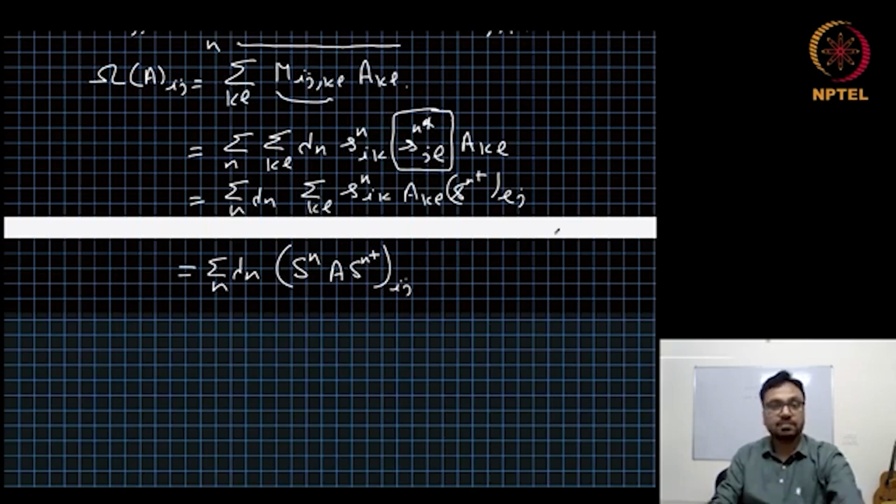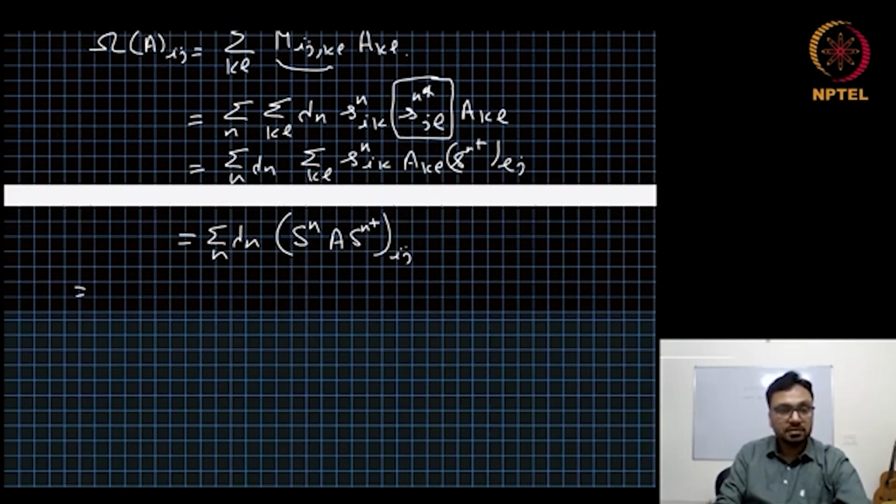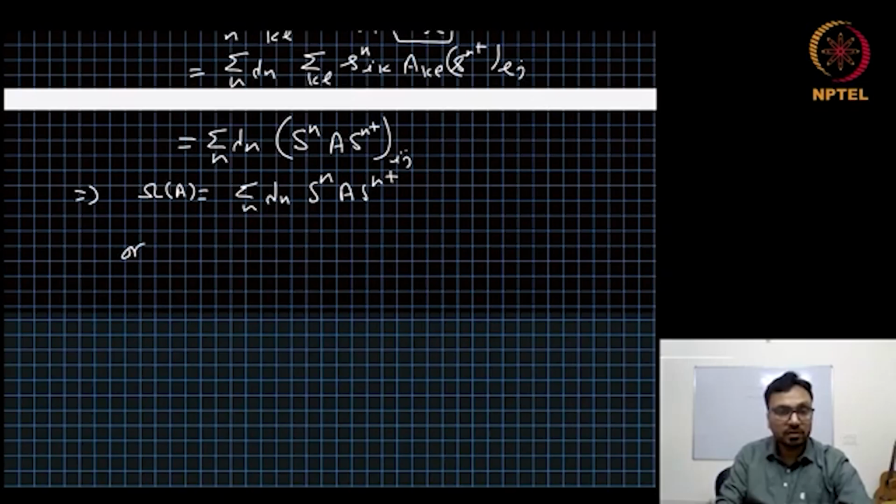This implies that omega of A is nothing but sum over n lambda n Sn A Sn dagger, or the M matrix will be sum over n lambda n Sn tensor Sn star.